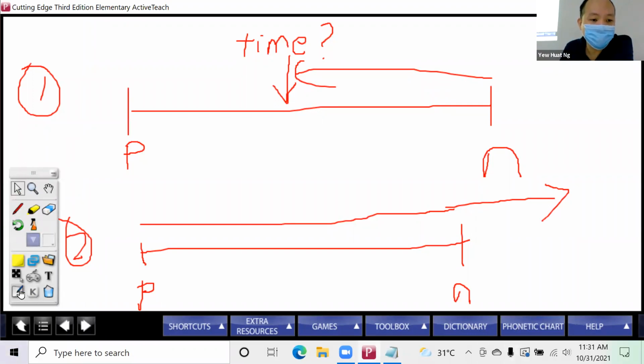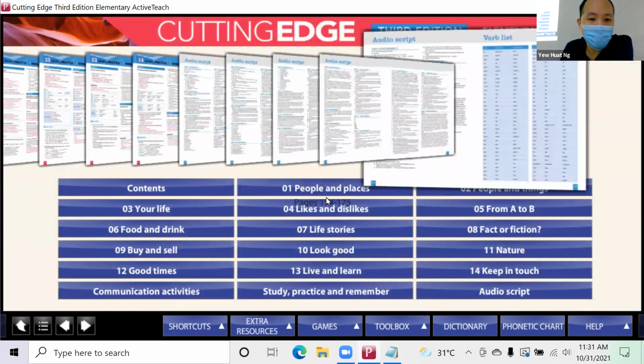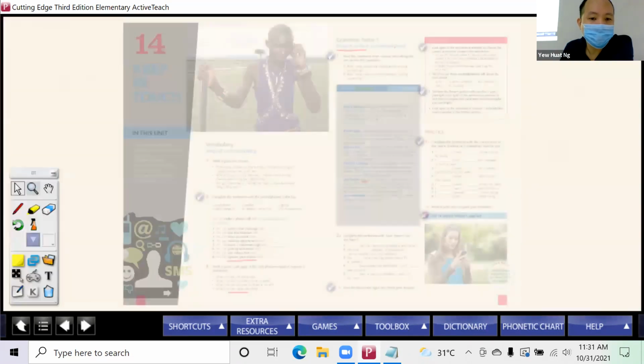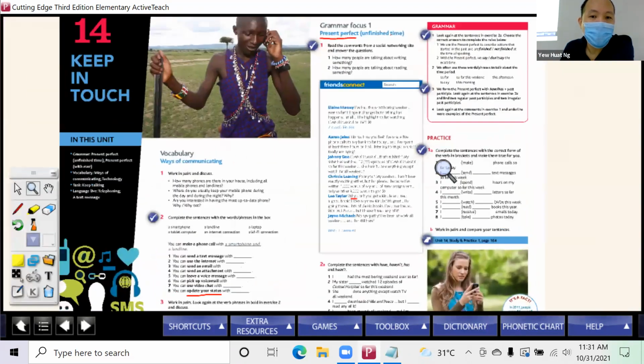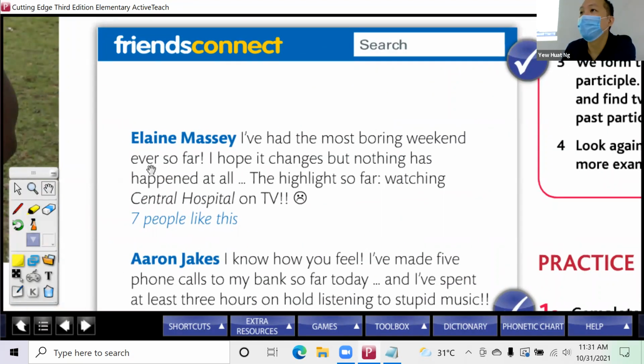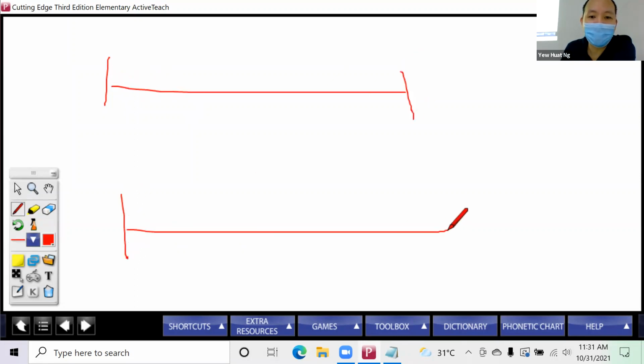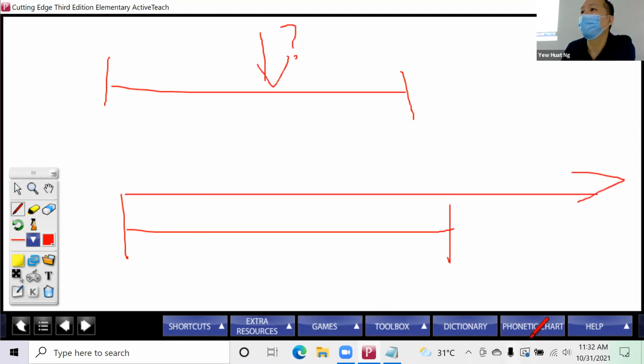So now let's go back to this one. I've had the most boring weekend ever so far. So this sentence, is it the first one or the second one? Is it this one or is it this one? One or two?